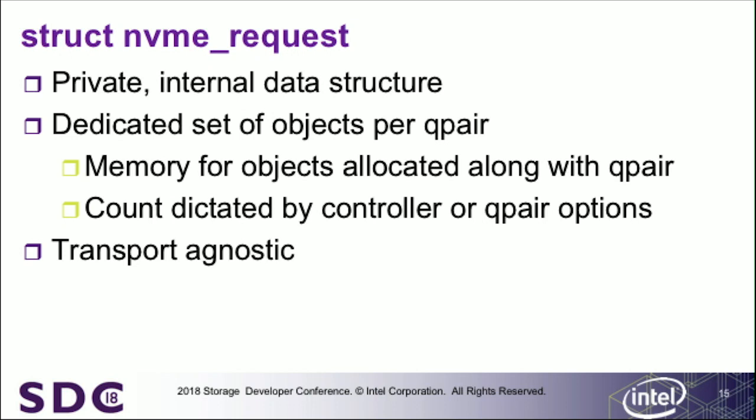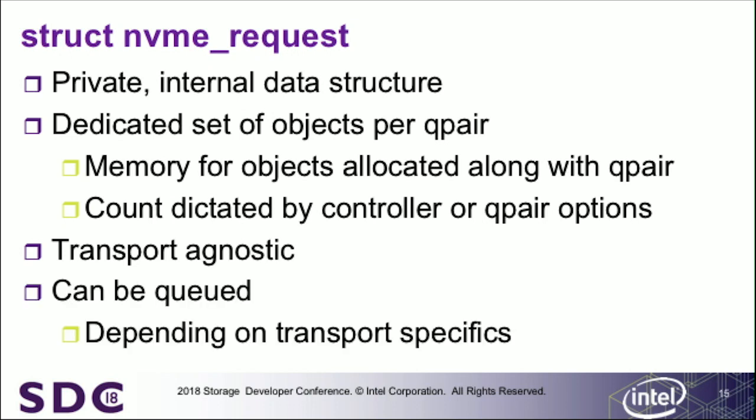We went back and forth on this quite a bit. I could definitely see cases both ways, but this is the method that we went with. These are all transport agnostic, meaning these are used up at the common NVMe layer, and then they can be queued.